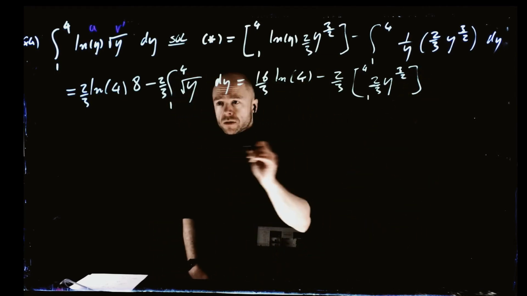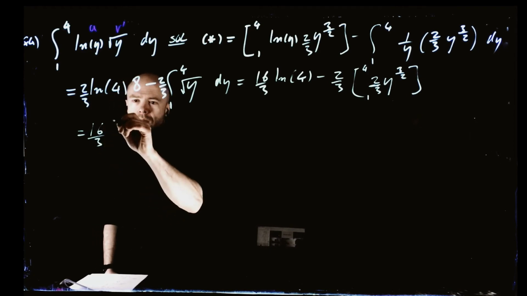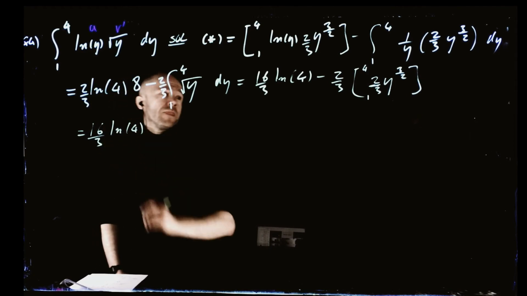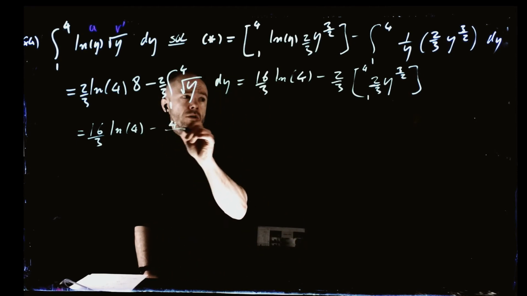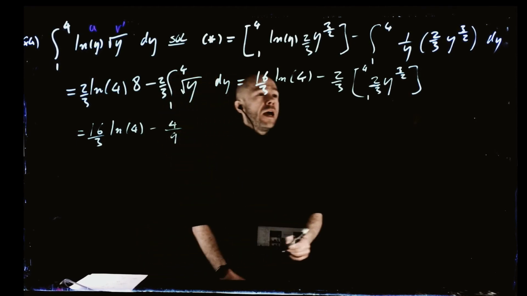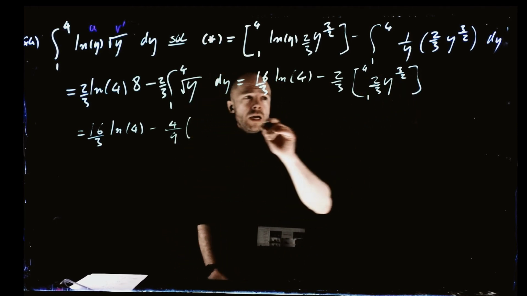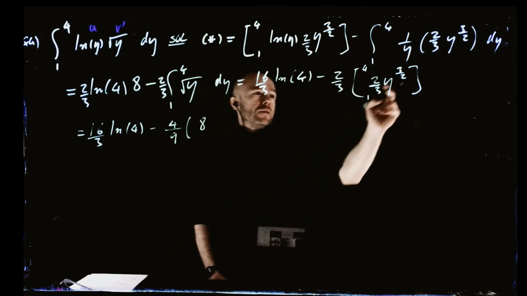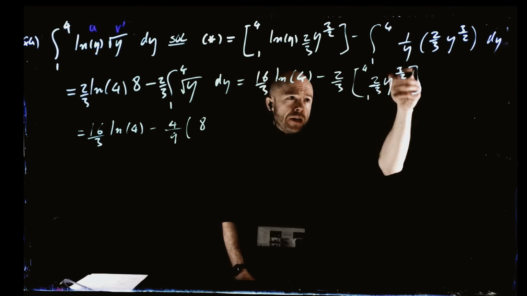Then what is this? This is 16 over 3 log of 4. And we're going to have minus 4 over 9 times 8 here, because we're going to have 4 to the 3 over 2, the square root of 4 is 2, and then to the power of 3, it's 8.